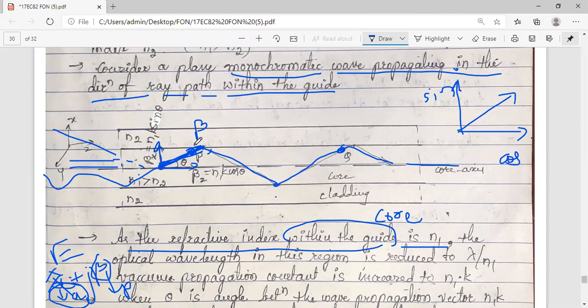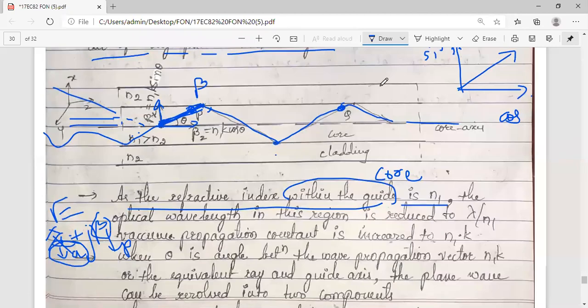So suppose this is your propagating wave which has the factor beta. What this tells you is, whenever we have this difference in refractive index, the core refractive index N1 has a value much more than the cladding.